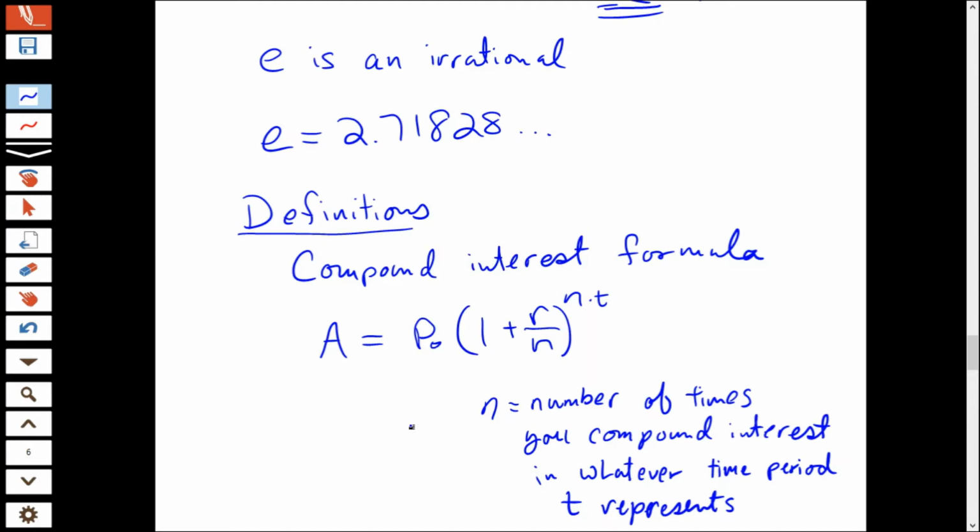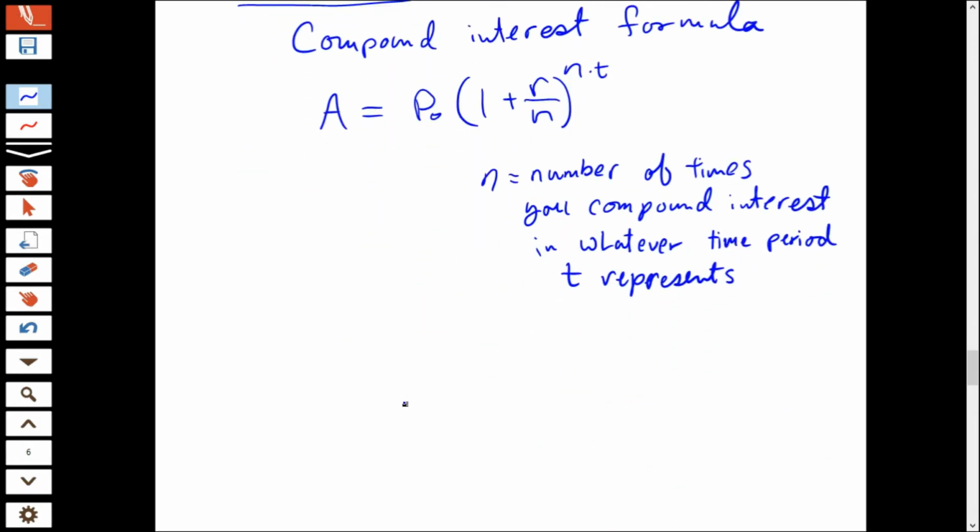If you compound more often, that means you calculate interest and add it in, and then in the next little time period, more interest grows on top of that. That's compounding. Compounding more often will actually increase the total value that you have in that account over those t years. The problem is that it levels off. So, compounding twice a year and then 3 times a year and then monthly and then daily and then hourly, it doesn't keep growing to infinity. It kind of levels off. And what that levels off to is E.